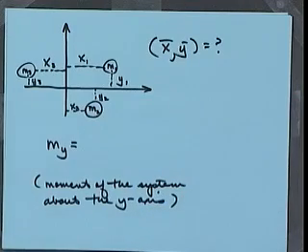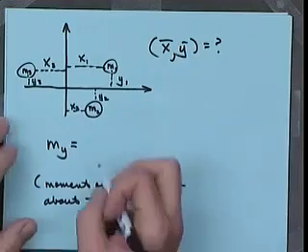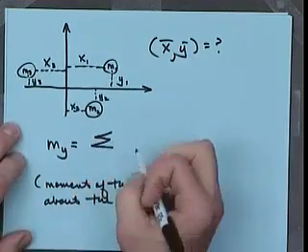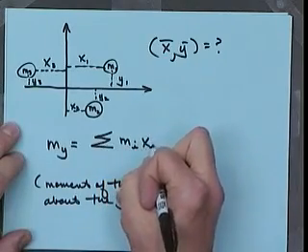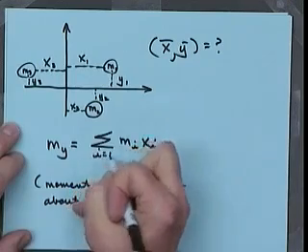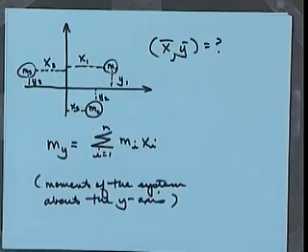It might look a little awkward at first to say that this is the moment of the system about the y-axis. Now, why is it called the moment of the system about the y-axis?